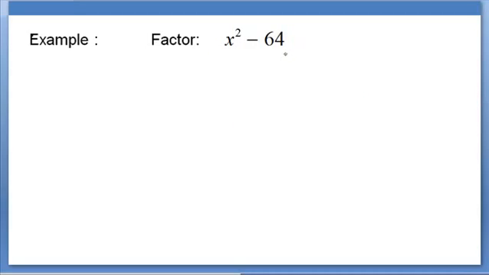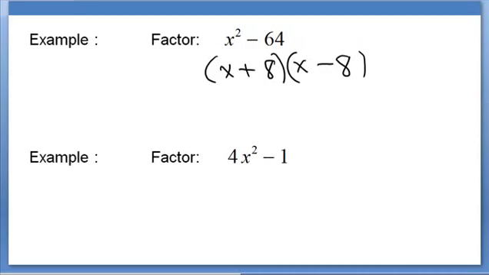X squared minus 64. It is two terms, it's minus, and these look like perfect squares. So we should be able to factor it with this technique. So we'll do our parentheses, different signs, and the square roots. And this is such a nice pattern that I don't even bother to check. Let's try another example. Factor 4x squared minus 1.